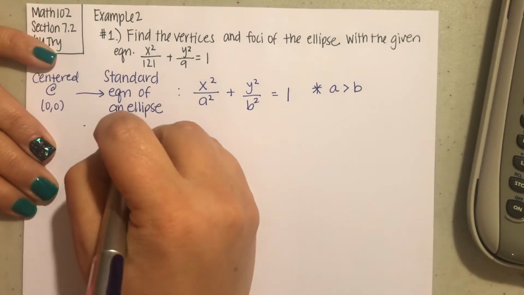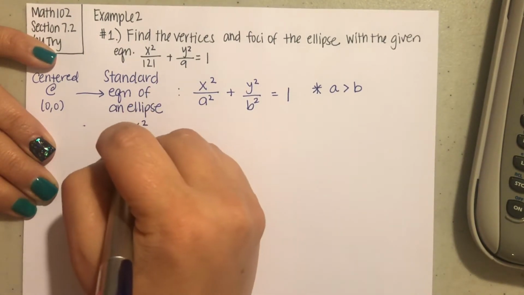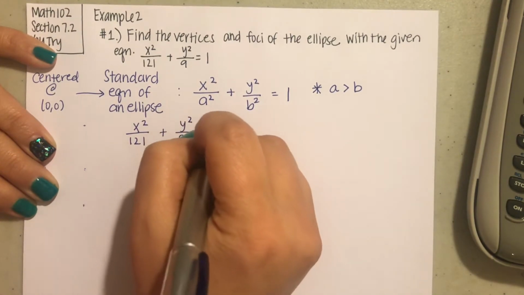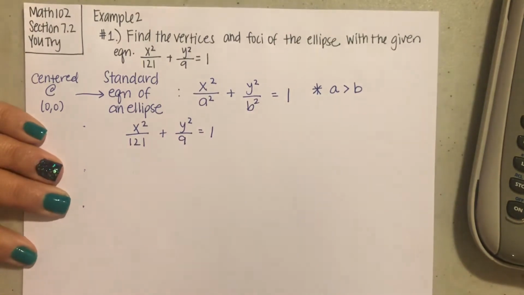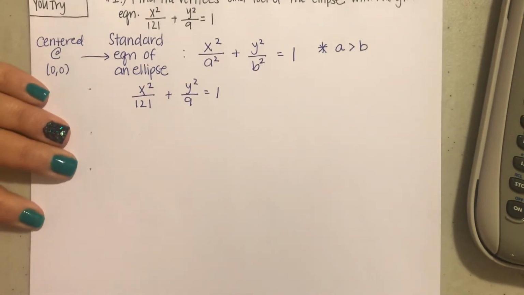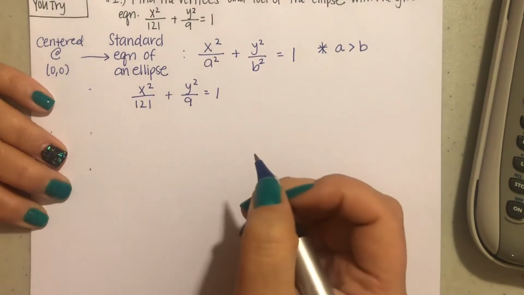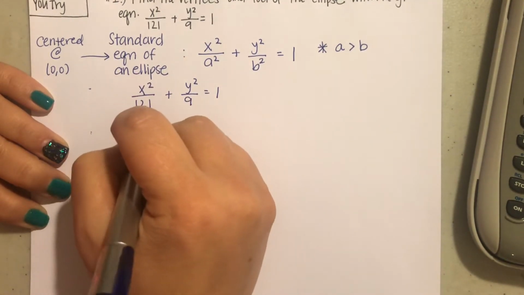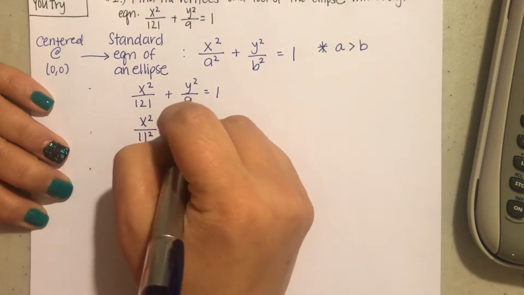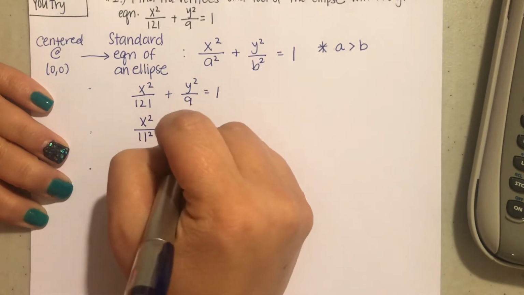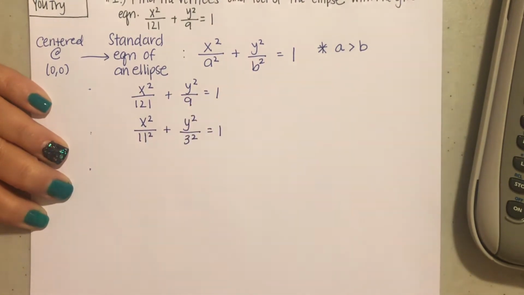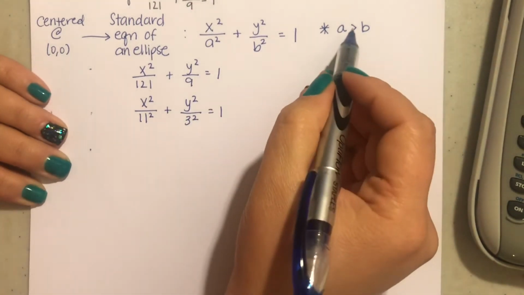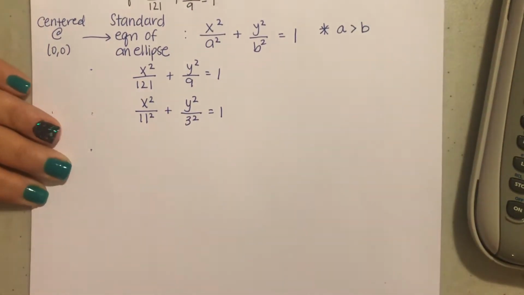So looking at our equation, we've got x squared over 121 and y squared over 9 equal to 1. We want to think of both in terms of a perfect square, right? So this becomes x squared over 11 squared, and this becomes y squared over 3 squared equal to 1. Now our focus wants to be, which one of those two numbers is larger?